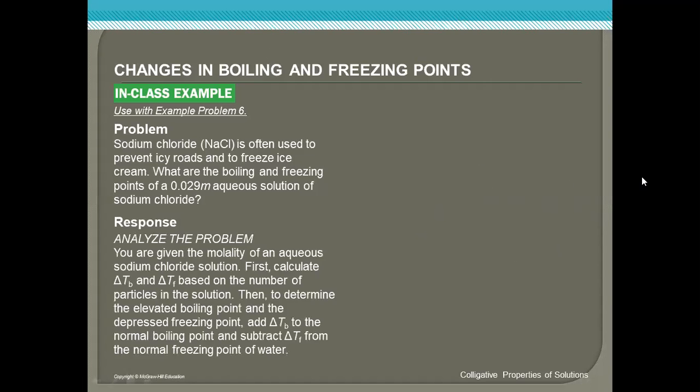You are given the molality of an aqueous sodium chloride solution. First, calculate delta Tb for boiling and delta Tf for freezing, based on the number of particles in the solution. Then, to determine the elevated boiling point and the depressed freezing point, add delta Tb to the normal boiling point, and subtract delta Tf from the normal freezing point of water.